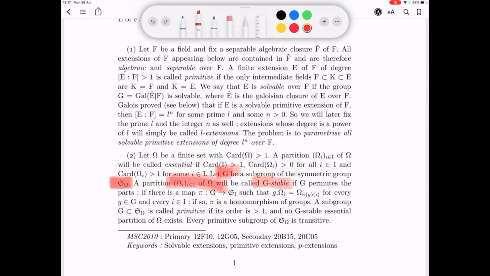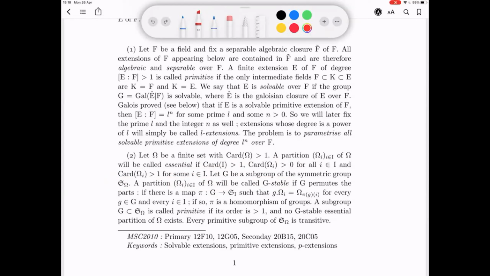So what it means is that G permutes the subsets which constitute the partition, and of course elements within each subset. I think it's reasonably clear what it means.